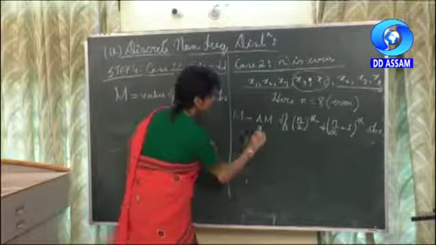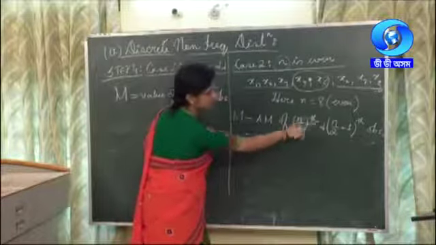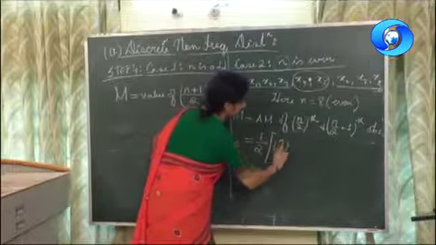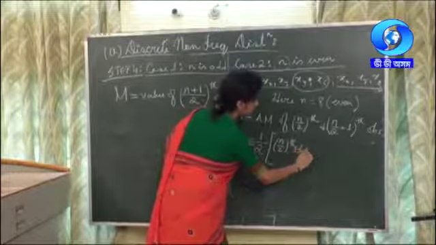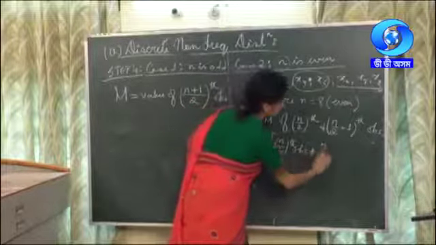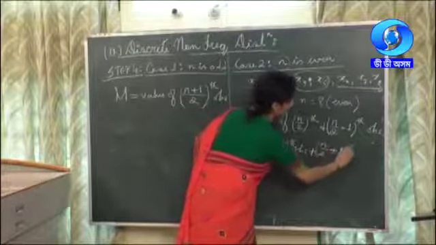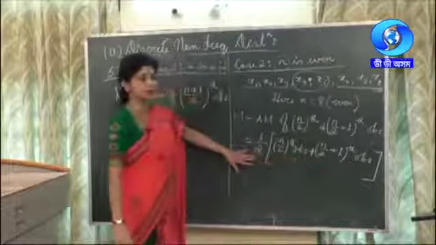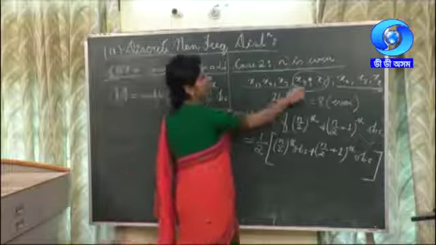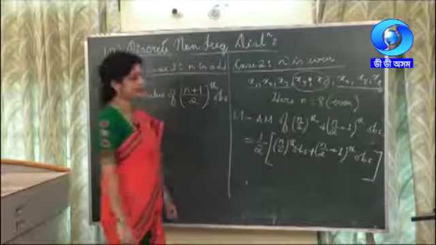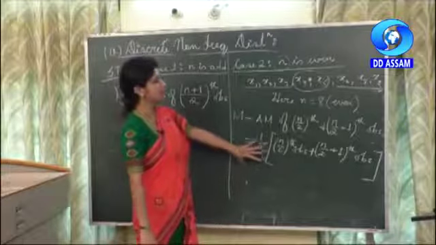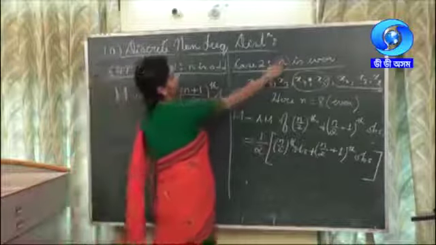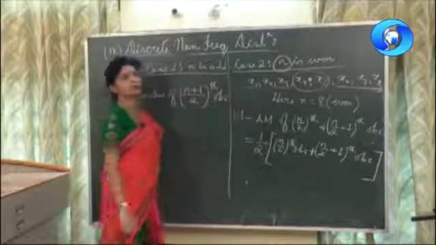So this can be written as the arithmetic mean, since we take two values, it is 1 by 2 times the n by 2-th observation plus the n by 2 plus 1-th observation. Adding the two middle observations and dividing by 2, we get the arithmetic mean of these 2 values, the middlemost values. This is the formula for finding the median in case there are an even number of observations.